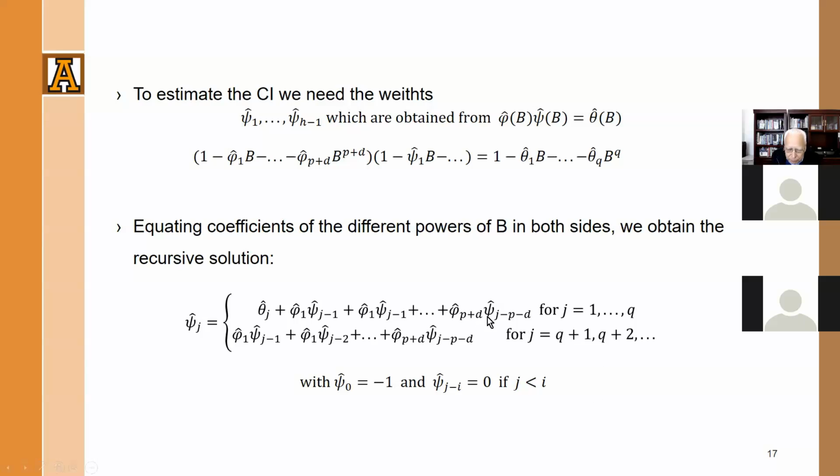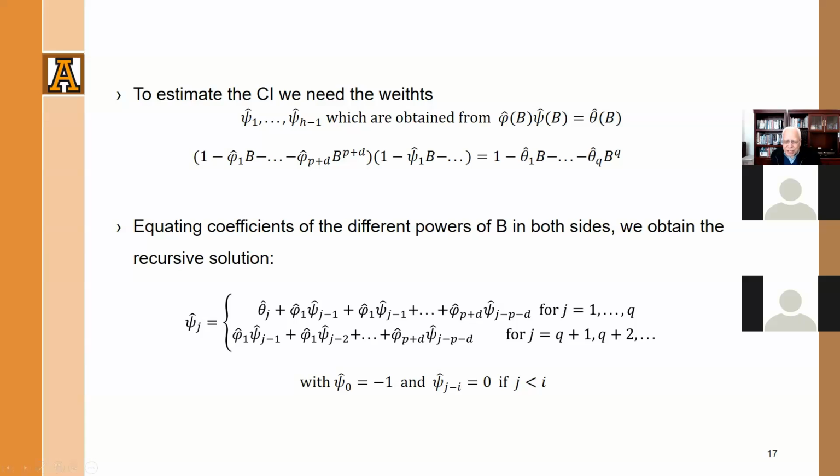That will be equal for j equals 1 through q. So for j less than or equal to q, the order of the moving average polynomial, this expression gives me the jth weight to estimate the variance of the forecast errors.